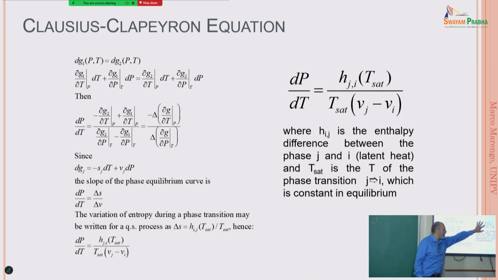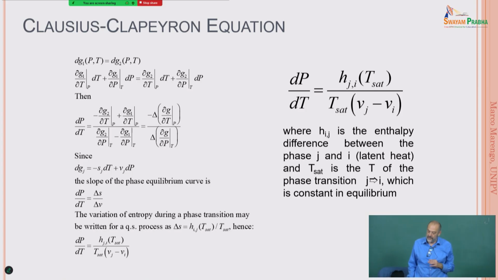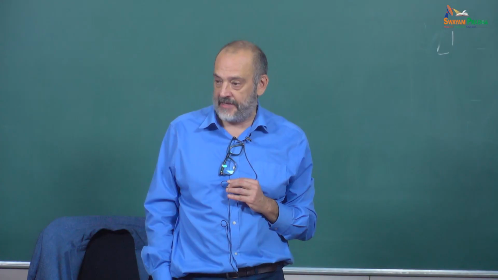So what we have at the end is this expression that is saying that the variation of pressure with respect to the variation of temperature is linked to the latent heat and the difference between the densities of the two phases and the temperature at which we are defining the value of this derivative.